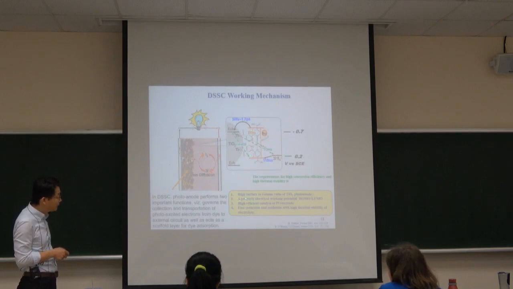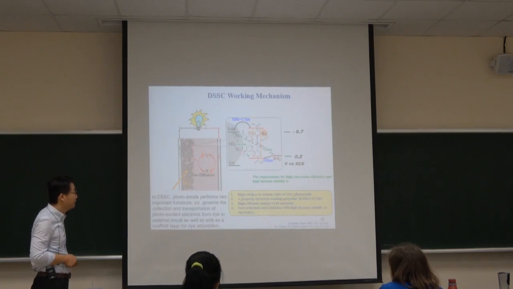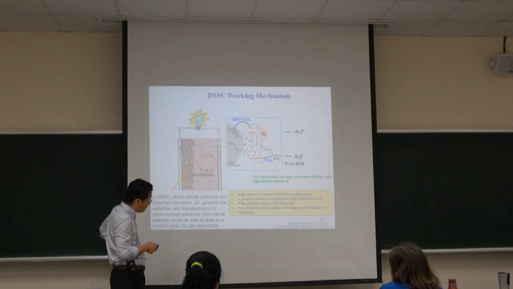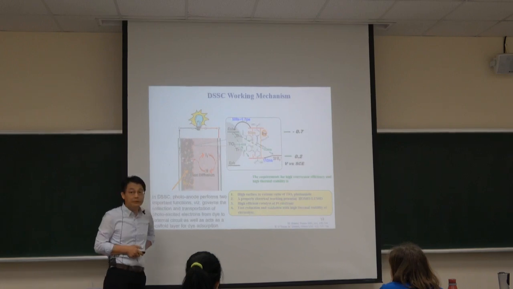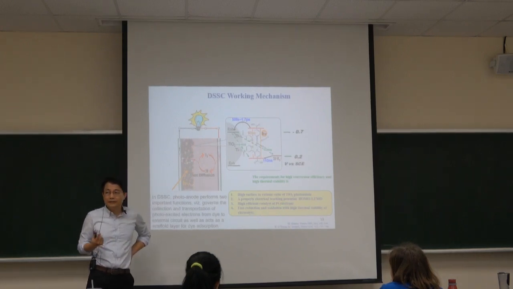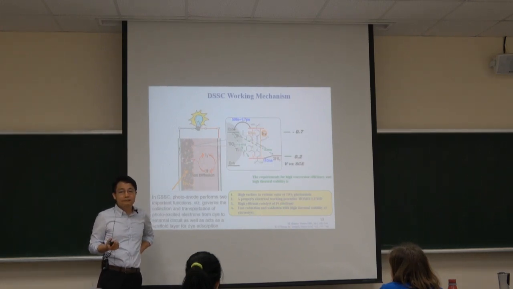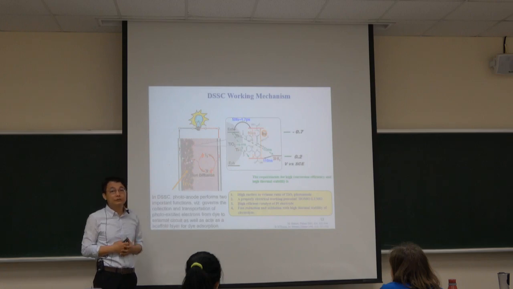So you have to design a suitable electrical working potential. And of course, high efficiency catalysis of the Pt electron. High efficiency means you have to create a high surface to volume ratio.